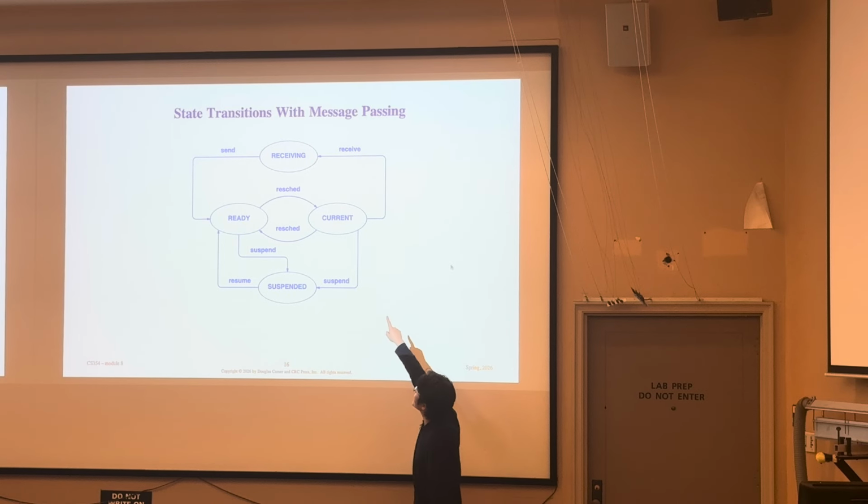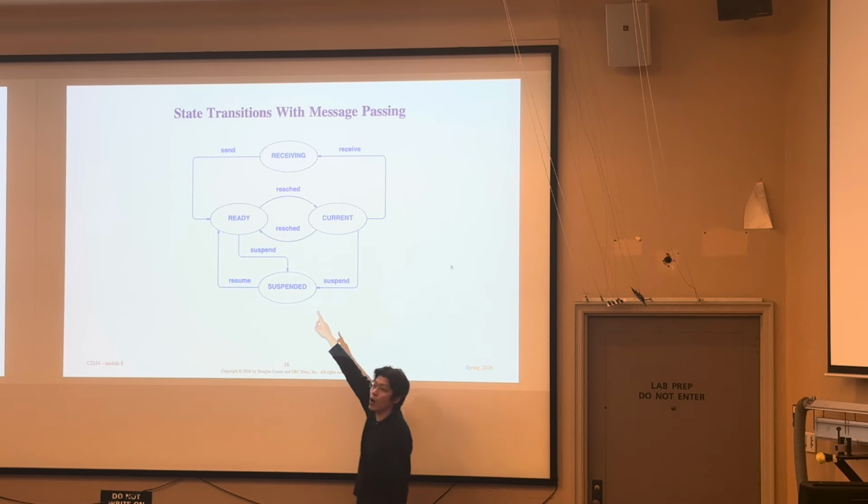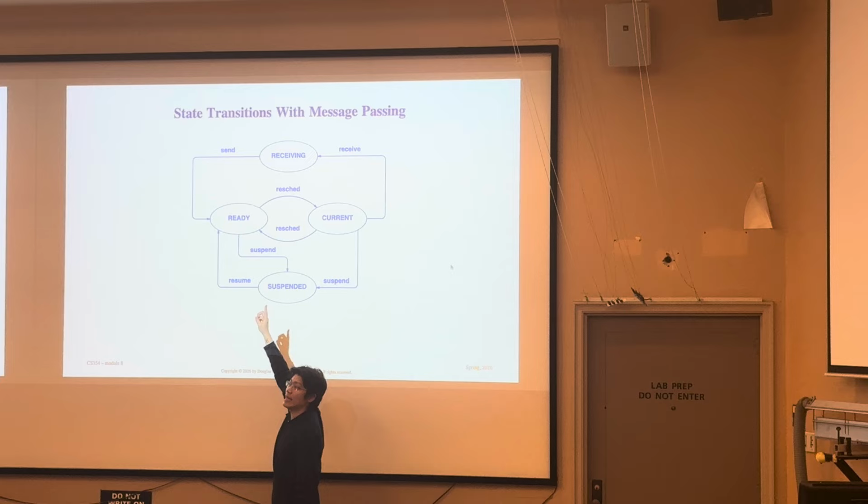In the current execution state, when you call receive, you go into the receiving state. And when another process calls send, that will unblock this process that is blocked on receiving and make it transit into ready.